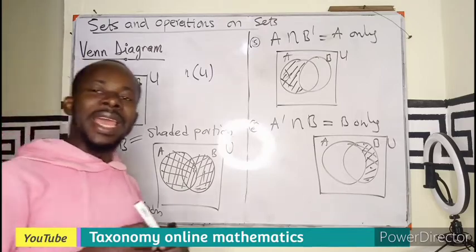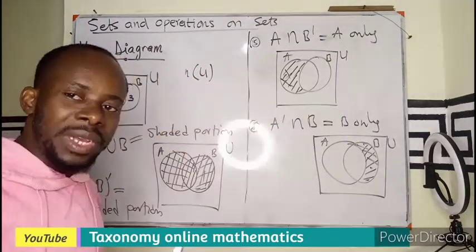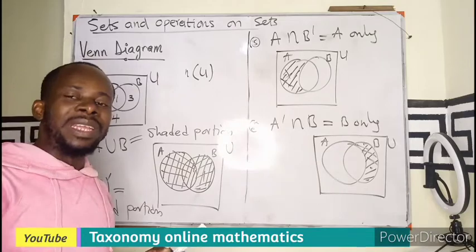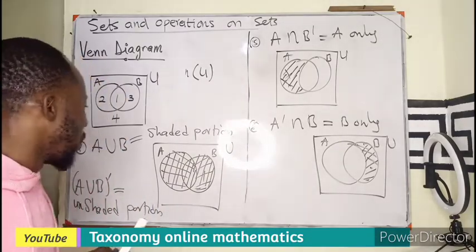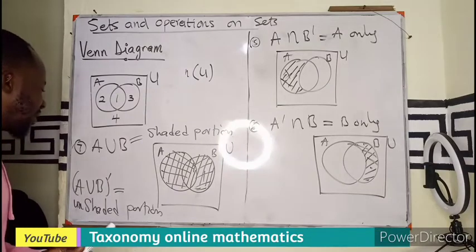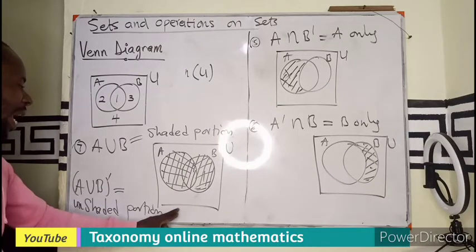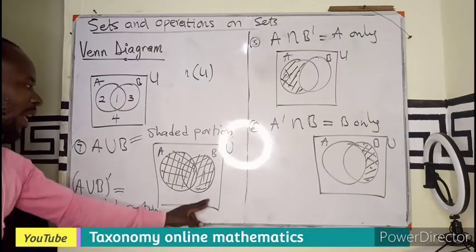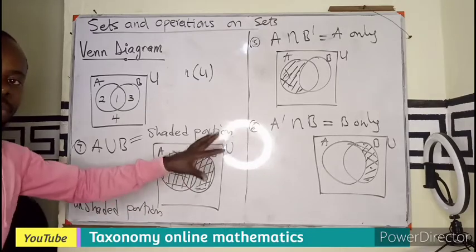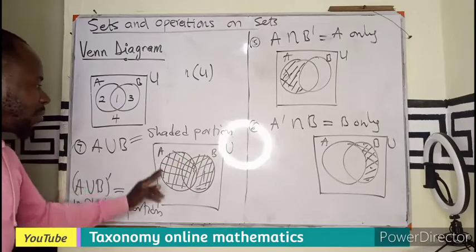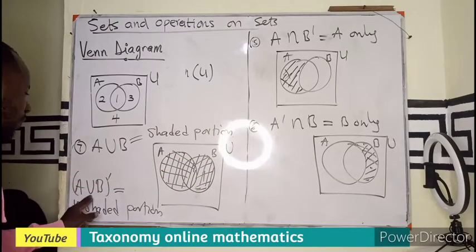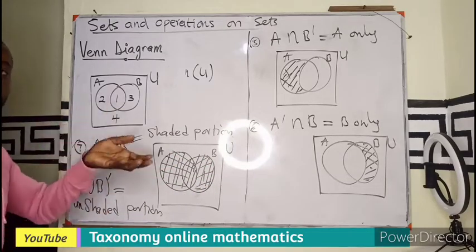The complement is the elements outside the union of A and B. So if I use the unshaded part, I'll be referring to the region outside the combination of A and B, the union of A and B. So that region becomes our A union B complement.